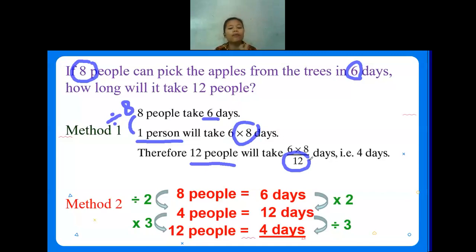What will happen if the 10 apples are eaten by you and your sibling? Maybe you have one brother, so the apples will be eaten by two people. What do you think? Will the number of days to finish all 10 apples get lesser or more?